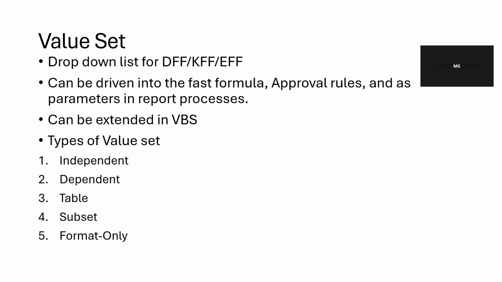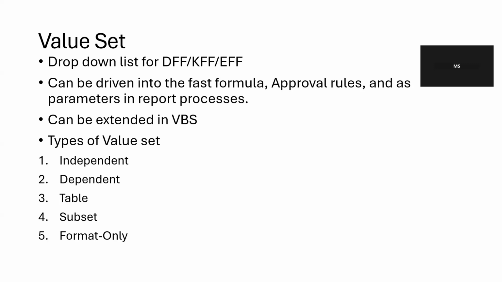And now when you enable Redwood, there are certain things that you have to do to fetch the value set. The reason is that in the VBS tool, we use a different metadata layer, whereas the responsive and classic UI use the default Oracle HCM metadata layer.